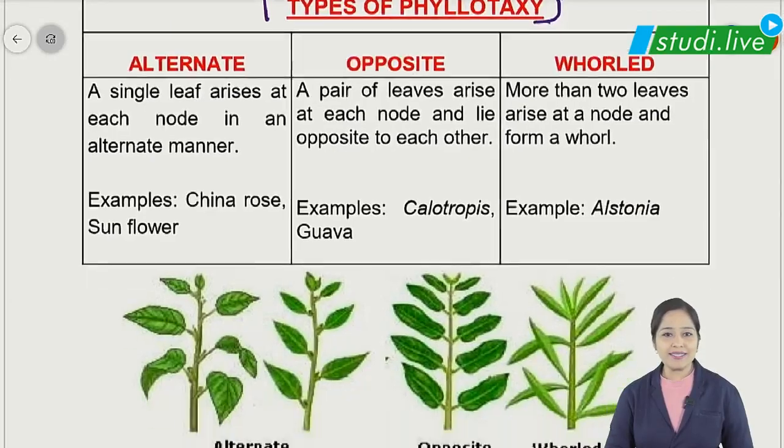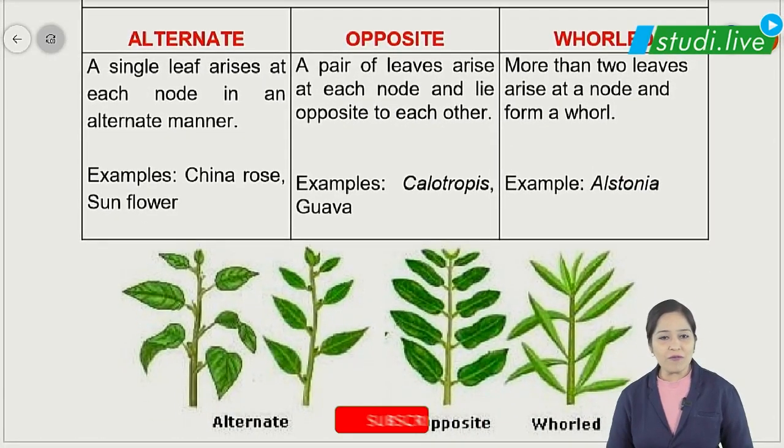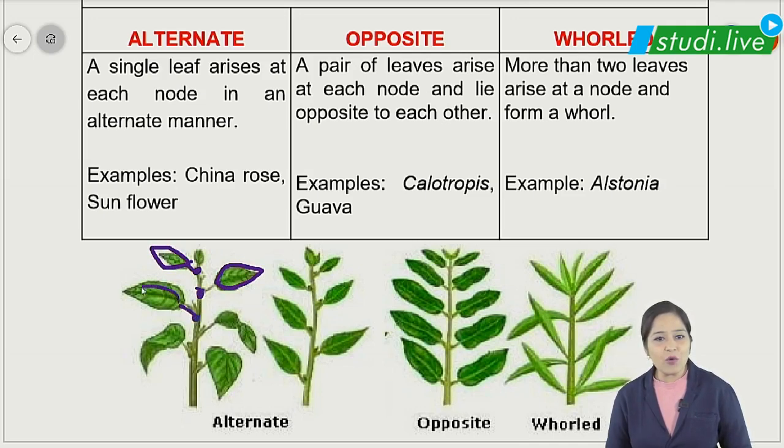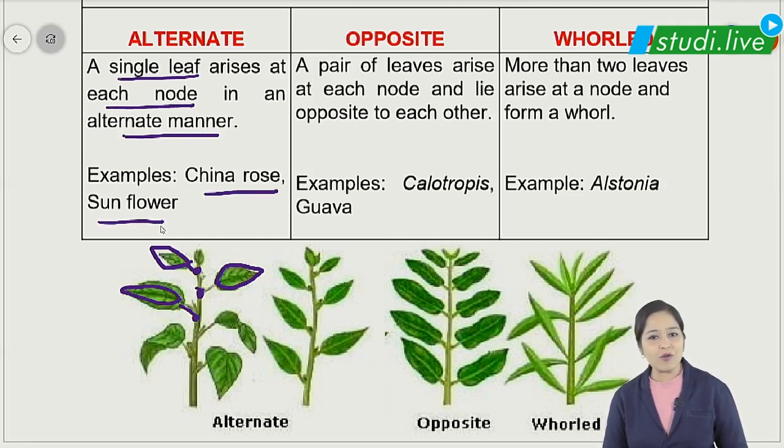If only one single leaf is present at each node, suppose this is the node and here we have one single leaf, then here we have another node, one single leaf. So if one single leaf is arising at each node, it is known as alternate. The examples are China rose and sunflower.